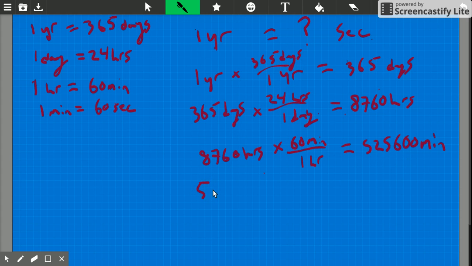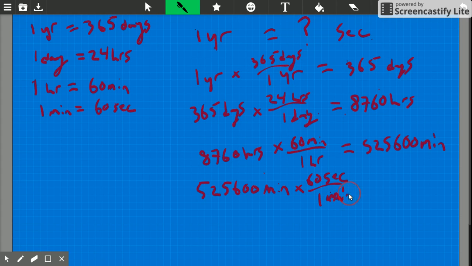We're down to the last step, where we're going from minutes to seconds. 525,600 minutes. Create our conversion factor to keep seconds in the numerator and minutes in the denominator. So 60 seconds is equal to 1 minute.